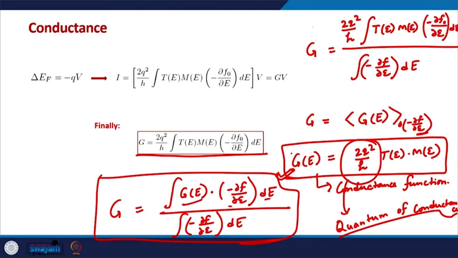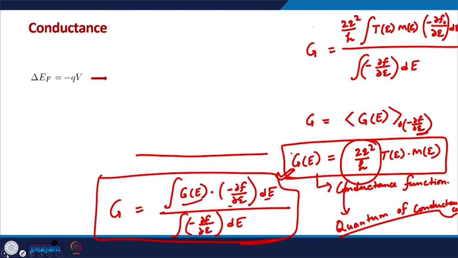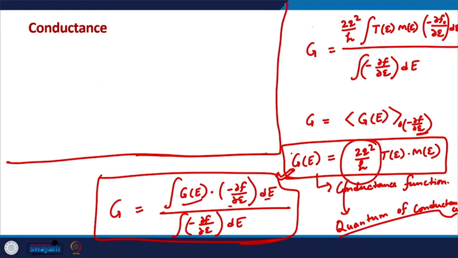Now, in the case of diffusive transport, this conductance function G(E) is 2q square by h times T(E) times M(E).